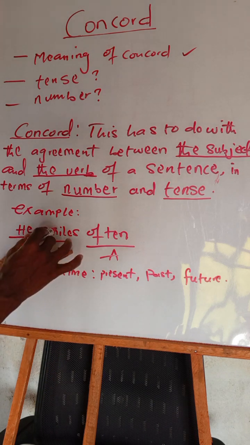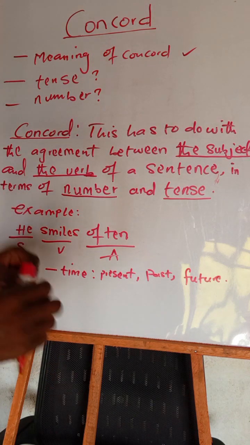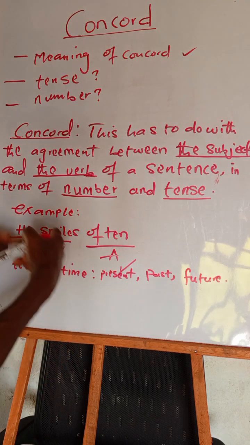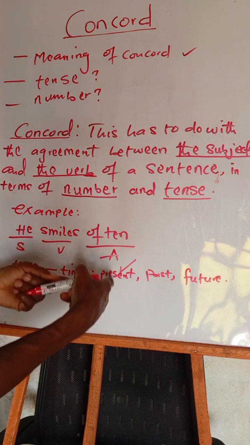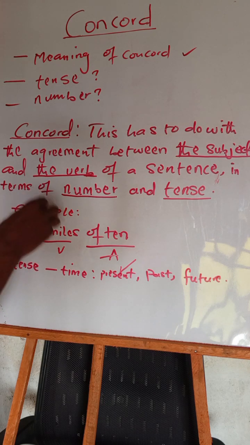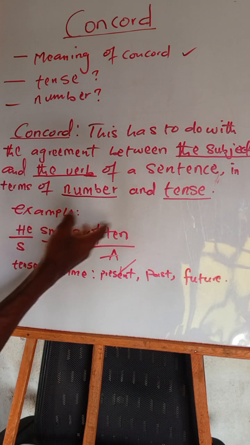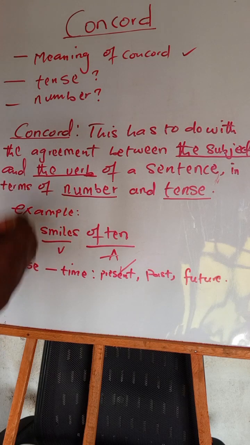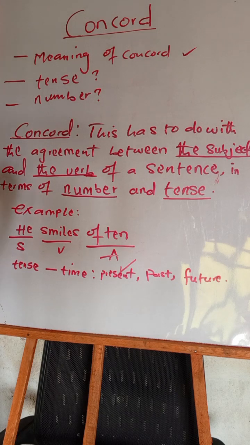Remember, this smile is in the present state. In other words, this sentence has been able to show us the time this action or this statement was made. He smiles often. That means the smile happens every time. You understand me? Often. He smiles often.